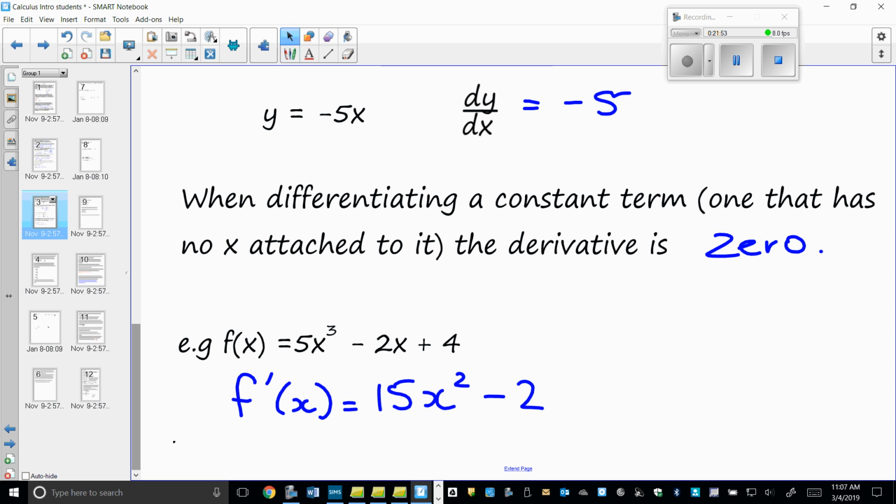Sometimes people forget and they see the plus 4 and they write plus 4 on the end, and then they start joining terms and say that this is then a plus 2. Now, the fact that I had 3 things here and I was able to simplify tells me I've done something wrong.